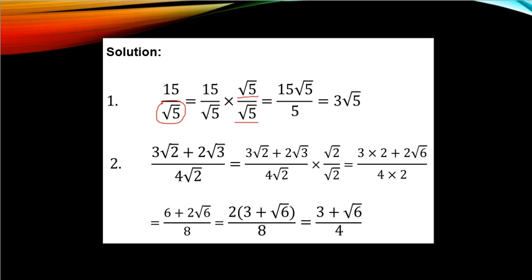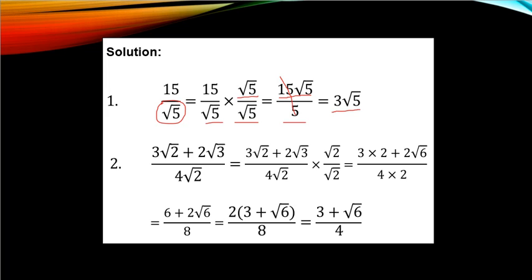So 15 times root 5 is 15 root 5. Root 5 times root 5 is root 25, and root 25 is 5. If you divide 15 by 5, you have 3 root 5 as the result of rationalizing that surd.